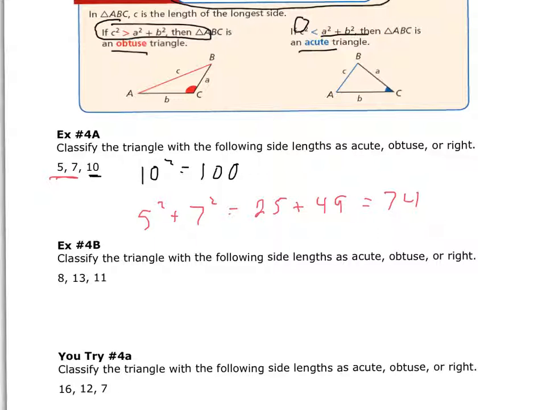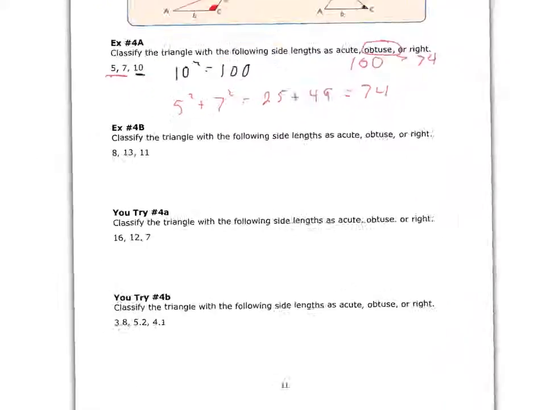So, since 100 is greater than 74, you know that it's going to be an obtuse triangle because your hypotenuse squared is greater than the sum of your side lengths squared. Let's try another one.